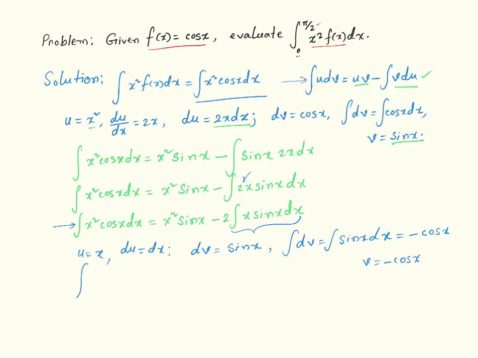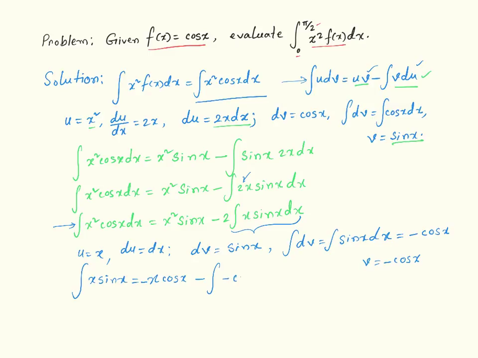So my integral x sine of x becomes uv, applying uv minus integral v du. So u is x, v is negative cosine of x, so negative x cosine of x, then minus integral v du. What is v?